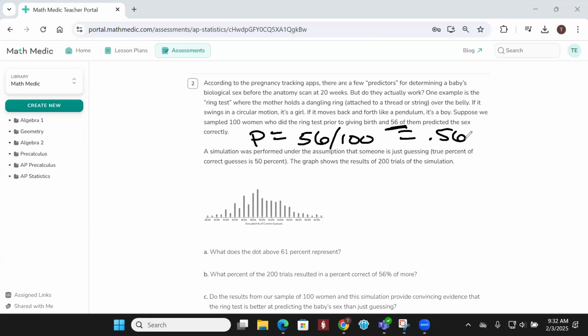A simulation was performed under the assumption that someone is just guessing. The graph shows the results of 200 trials of the simulation. Each one of these dots represents one simulation of the number of correct guesses. Does everybody understand what's going on in context? Now what does a dot above 61% represent?